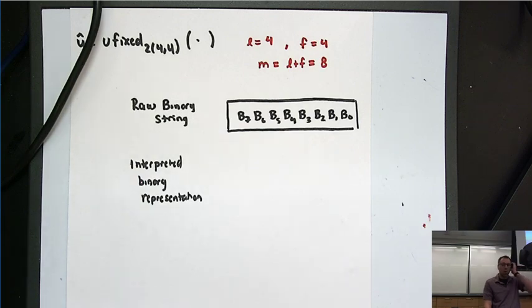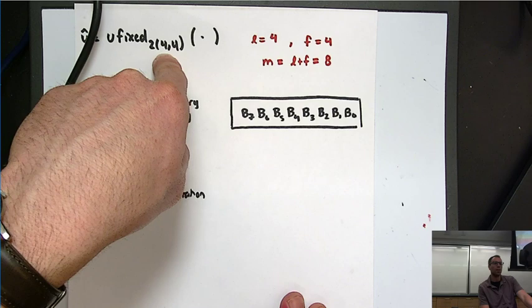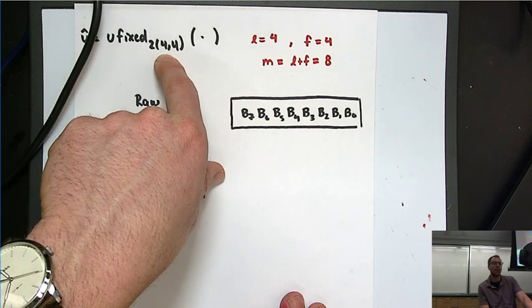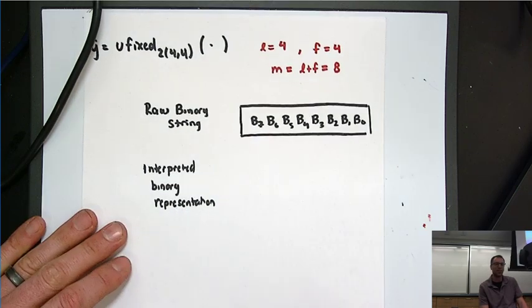The moment that I know that 4 of these are dedicated to the leading part and 4 of them are dedicated to the fractional part, what does that then say about these 8 bits?